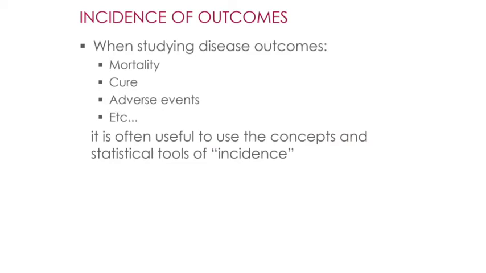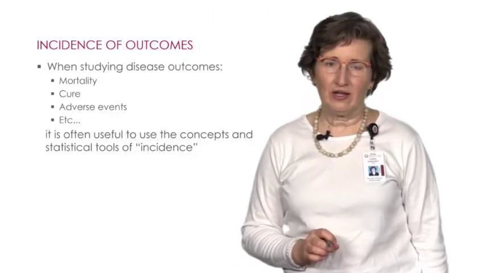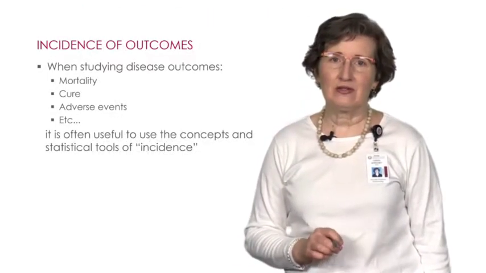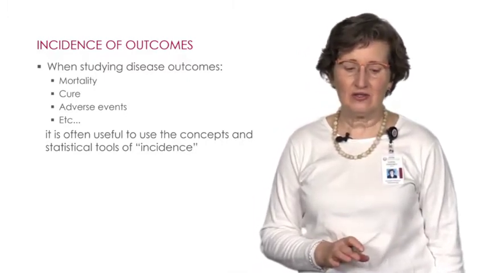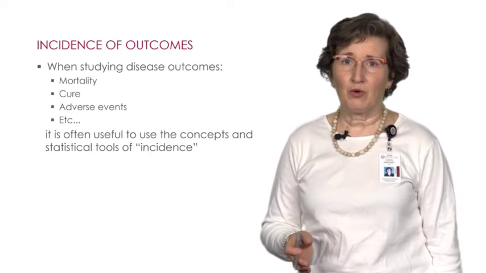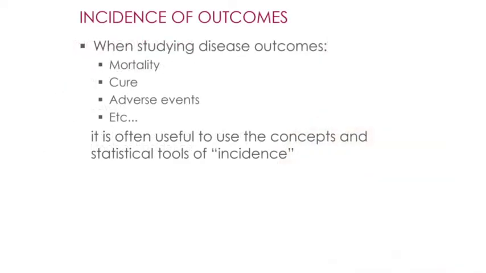So the definition of incidence that I just gave you, as I said, is from the public health world, where the interest is strongly in measuring incidence of new disease occurrence, new onset of disease. In the clinical research setting, often people are more interested in disease outcomes. Given a population of people that has a certain disease, what is the mortality, how many are cured, what is the occurrence of adverse events.